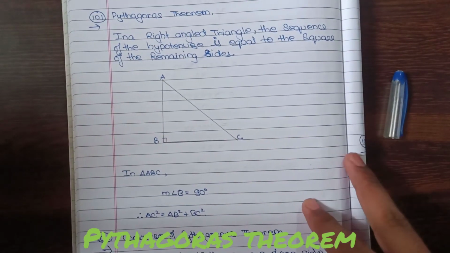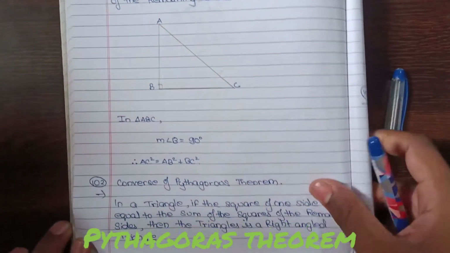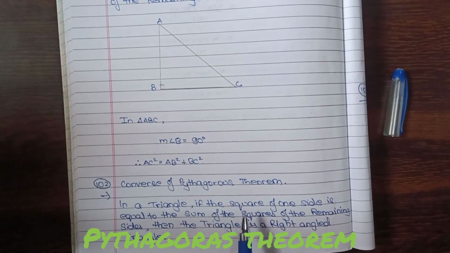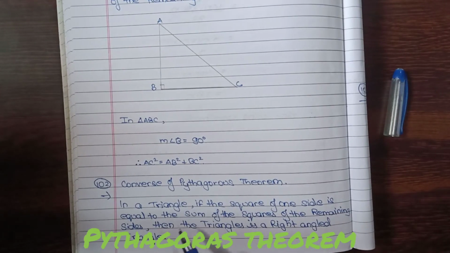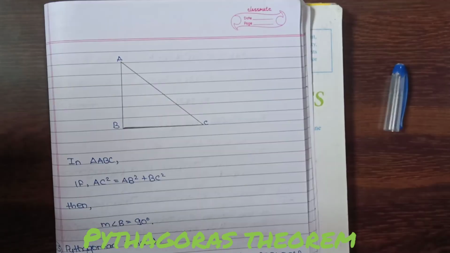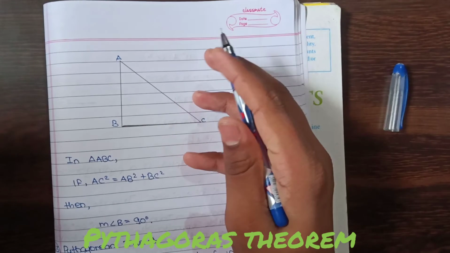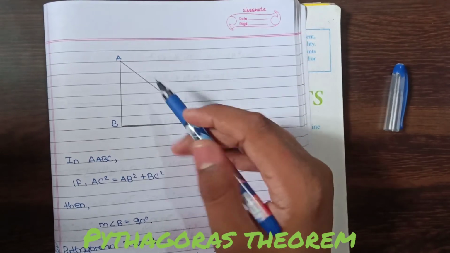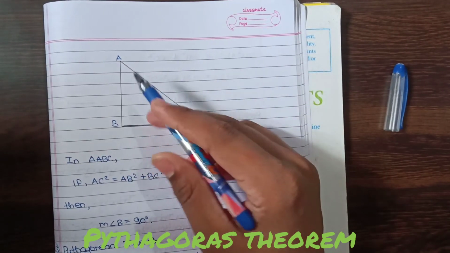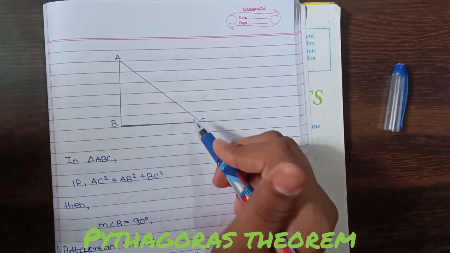Now let us see the converse of Pythagoras theorem. Basically, the converse of Pythagoras theorem means that in a triangle, if the square of one side is equal to the sum of the squares of the remaining sides, then the triangle is a right angle triangle. What I just told you, it's the converse of that. One thing you will have to notice: in the Pythagoras theorem, if one angle is 90 degrees, then we can say that AC square equals AB square plus BC square.